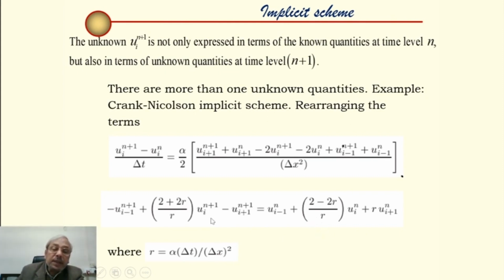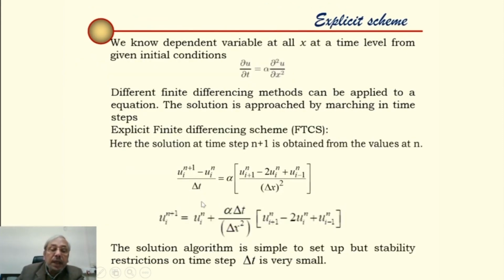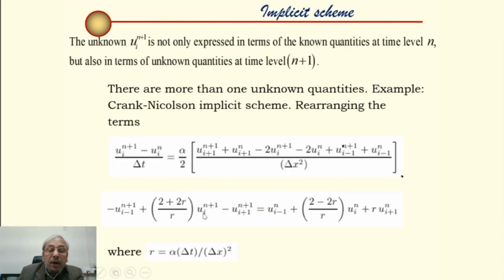In this expression, we cannot individually find every n plus 1th level value at every ith location, like we did in the earlier case, but we can find them in terms of their neighbors.